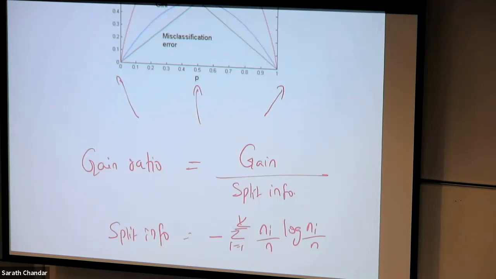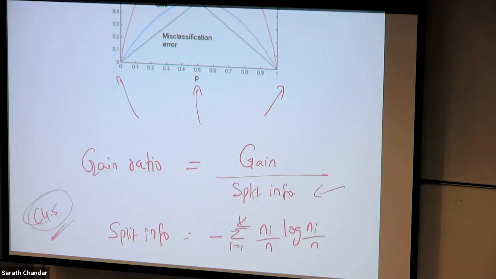If I have too much entropy in partitioning, then it is not a good idea. For example, customer ID would have a very high value for split info. Since it is inversely proportional, whenever you have a very high value for split info, you'll be penalized for that. Is that clear? This kind of regularization using split info is used in C4.5.